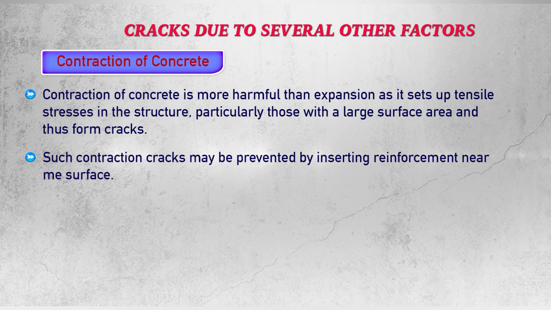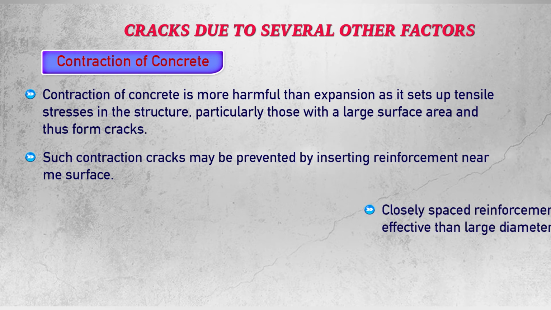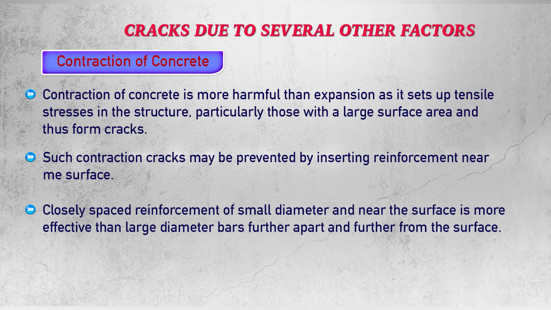Such contraction cracks may be prevented by inserting reinforcement near the surface. Closely spaced reinforcement of a small diameter and near the surface is more effective than large diameter bars further apart and farther from the surface.